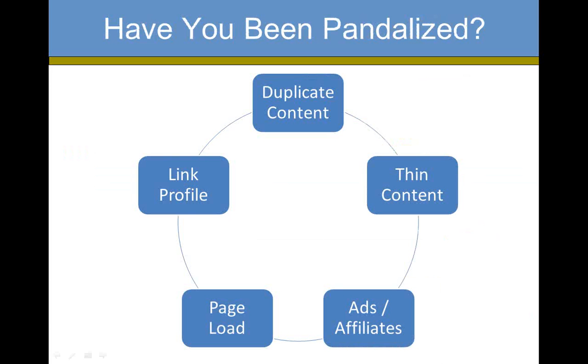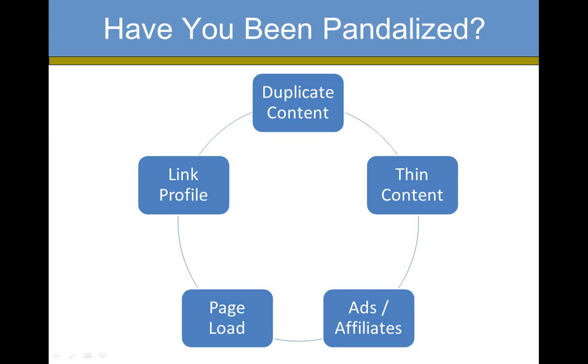So how do you know if you've been Pandalized? Well, let's take a look at some of the reasons for Pandalization. The first is duplicate content, either on-site or cross-domain, and we'll get exactly into what duplicate content is and the definitions and differences between on-site and cross-domain a little later on. Next is thin or otherwise low-quality content, which is similar, but it does have some differences, which we'll cover later on.